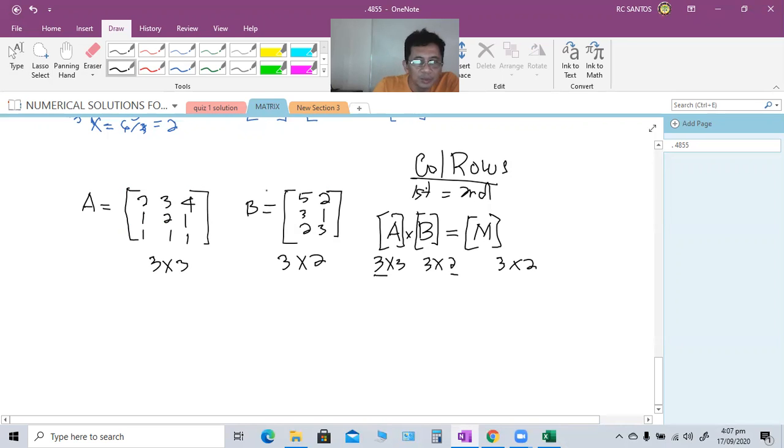This one to be multiplied to 3. 4 to be multiplied to 2. So, yung lalabas niya, lakihan na lang natin. Okay? So, yung product niya is 3 by 2. So, tatlong rows and 2 columns. So, let's proceed.